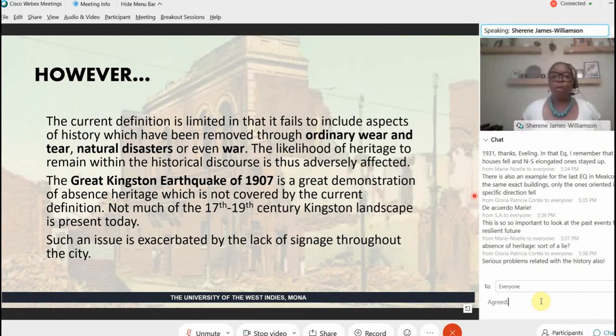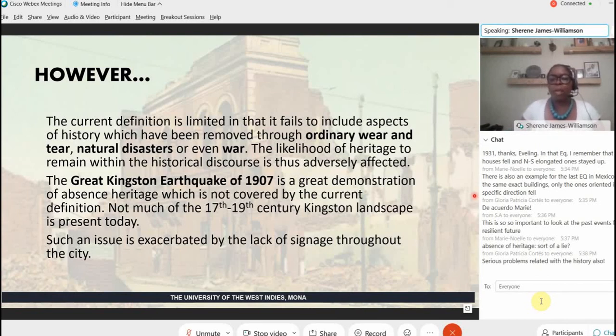We don't want the Kingston earthquake of 1907 to be the example on which we're hinging absence heritage, but we are trying to use it to demonstrate how this landscape could be one such example to point out some of the deficiencies of the definition.